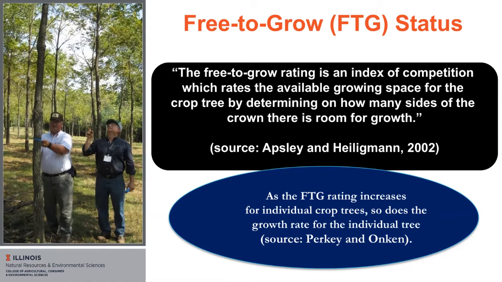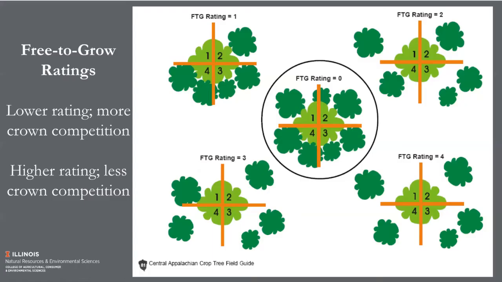Now, as a landowner, you have the option of only releasing crop trees on 1 side or 2 sides. Okay, that's fine, but you are basically sacrificing a lot of time, resources, and future financial gain by only releasing a crop tree on 1 to 2 sides. You want to release your crop trees on 3 to 4 sides to maximize growth rate and return on investment.